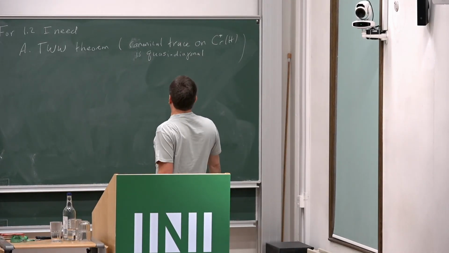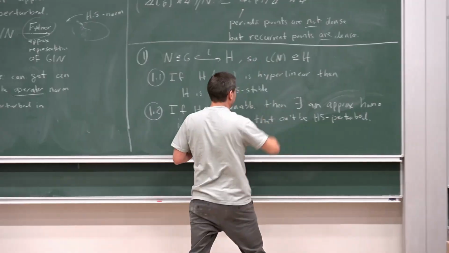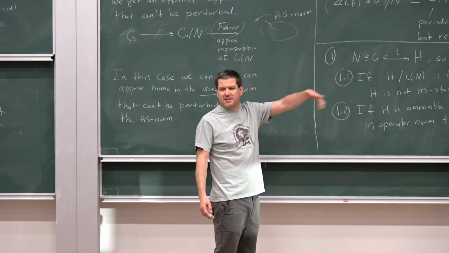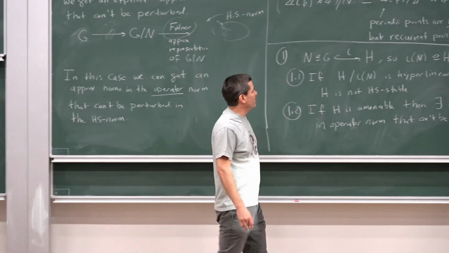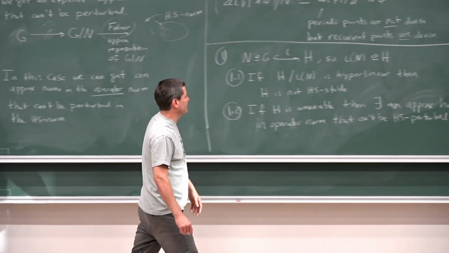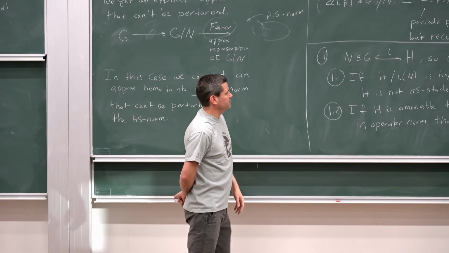I guess that's just A. That's all I need to do. Okay, so here I do explicitly construct them, but in general it's difficult or impossible to explicitly construct them. So using this theorem, we can get operator norm approximations that can't be Hilbert-Schmidt perturbed to true representations.